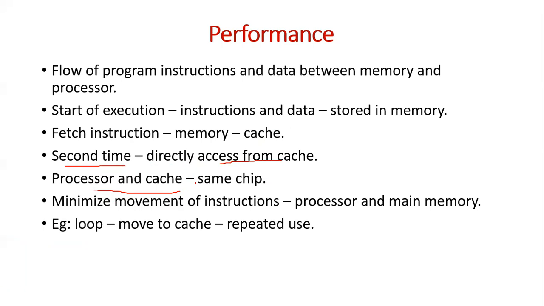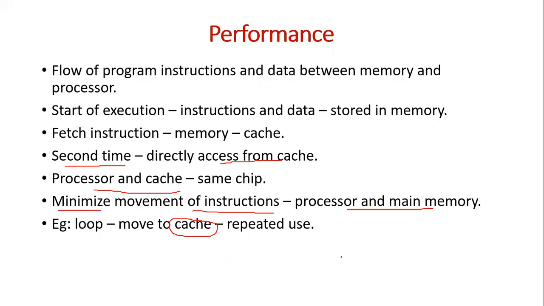The performance will increase to the extent that the movement of instructions between the processor and the main memory is reduced. So our objective is to minimize the movement of instructions between the processor and main memory. That is, keep as much required information in the cache as possible, so that the processor does not need to fetch something from the main memory.